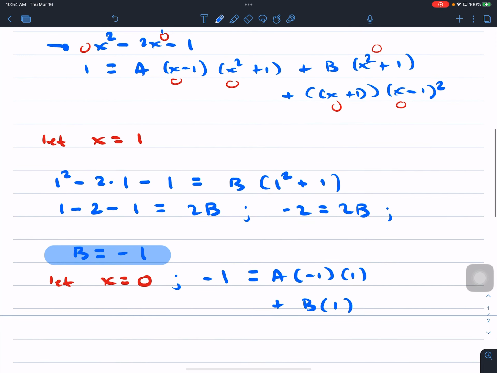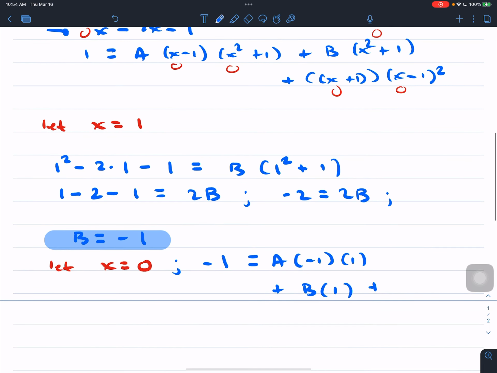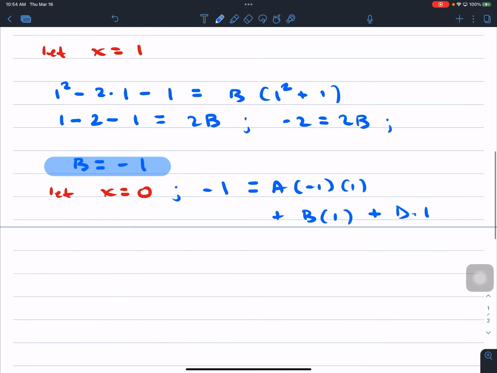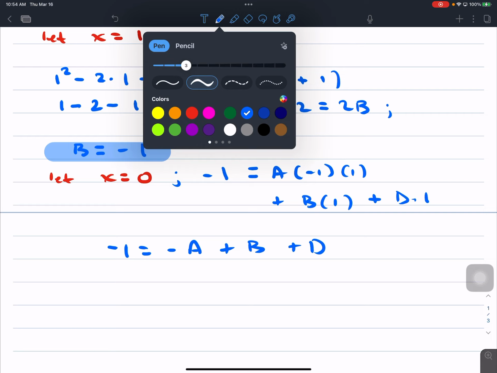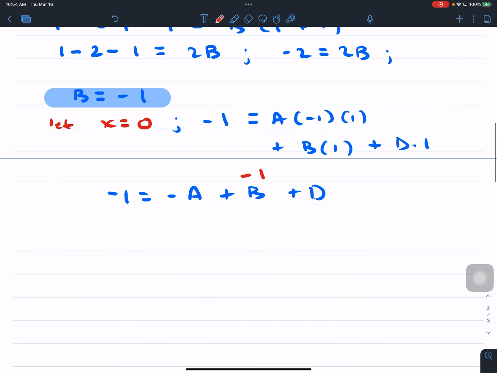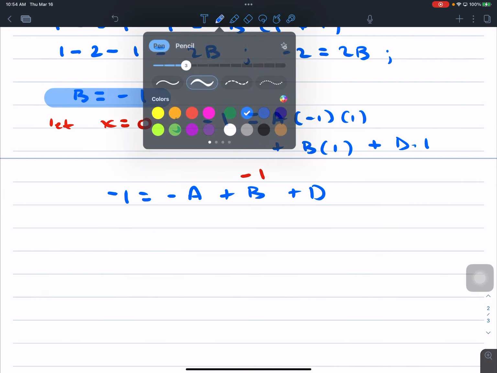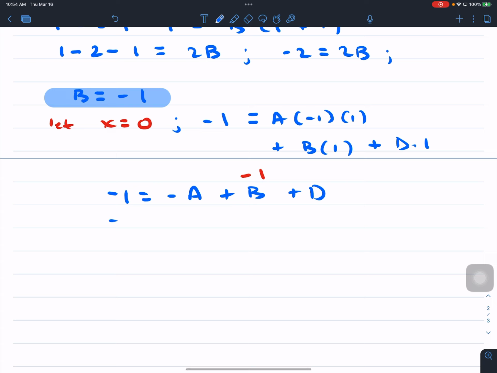What about the d term? If x is 0, that's d times 1. And so what I'm saying is you get negative 1 is negative a plus b plus d. What is b again? Negative 1. Do you guys know what this means, by the way? It means negative 1 equals negative a minus 1 plus d.